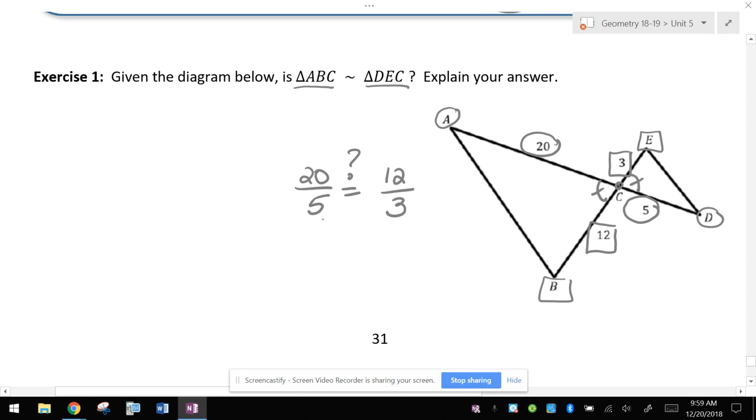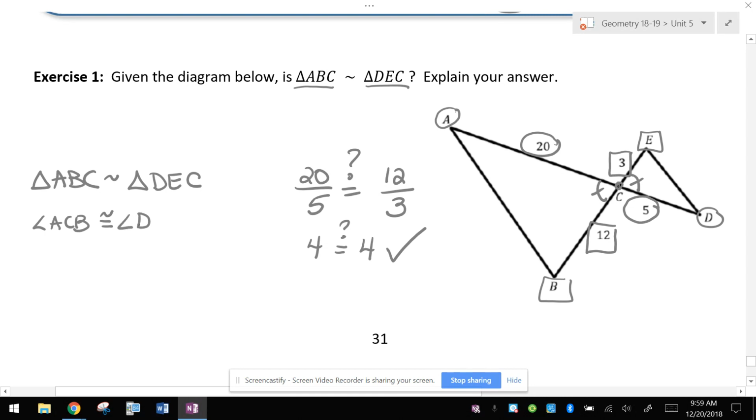Now let's see if that works. 20 divided by 5 is 4. 12 divided by 3 is 4. Yeah, that works. So I would say triangle ABC is similar to triangle DEC because angle ACB is congruent to angle DCE because vertical angles are congruent.